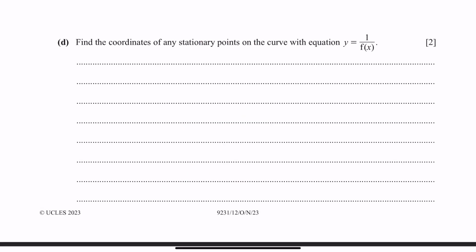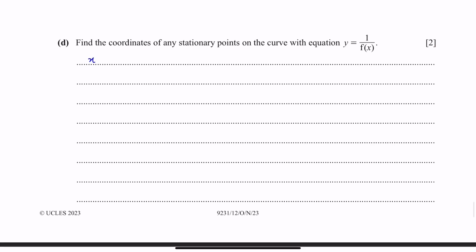For part D, we need to find the coordinates of the stationary points on the curve with equation 1 over f(x). So when we have 1 over f(x), the coordinates of the stationary points are basically like this. For the x coordinate, it stays the same.